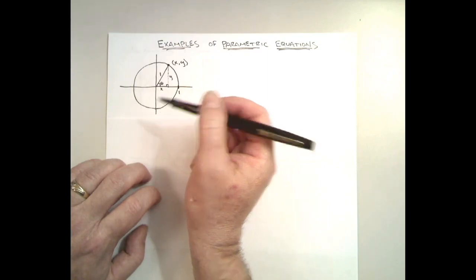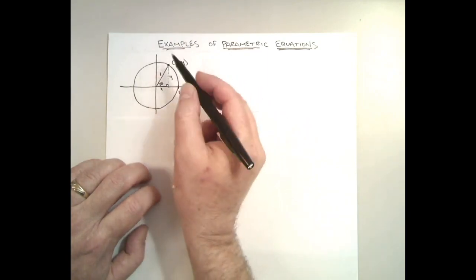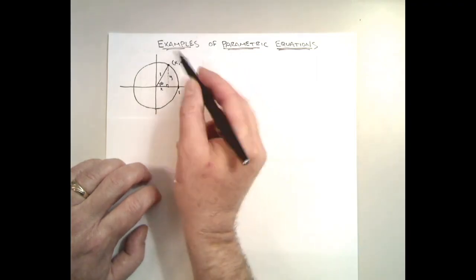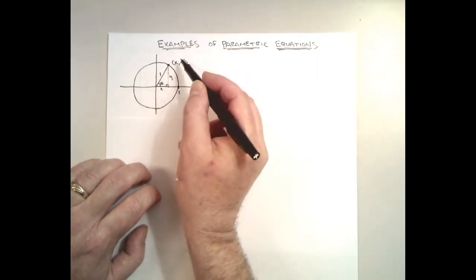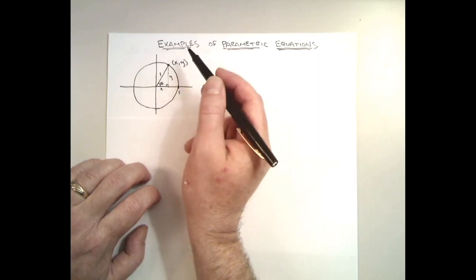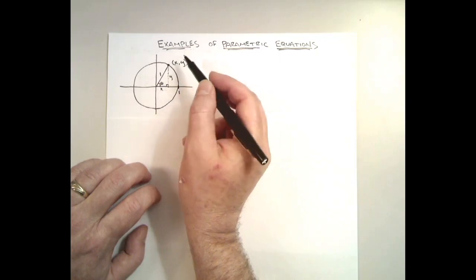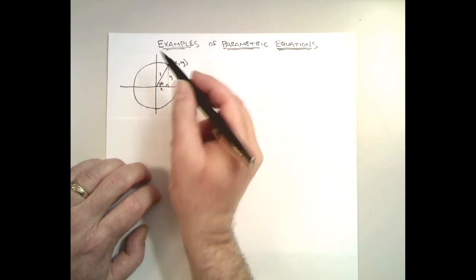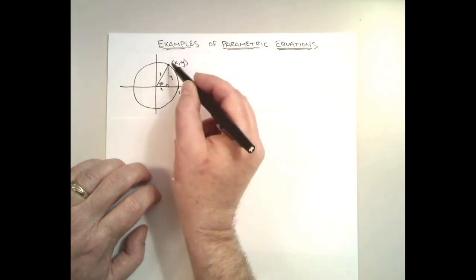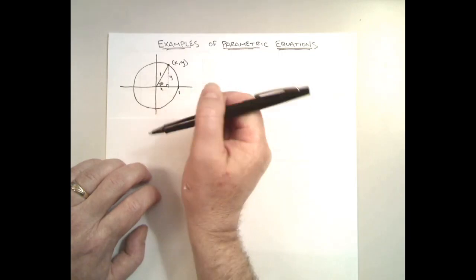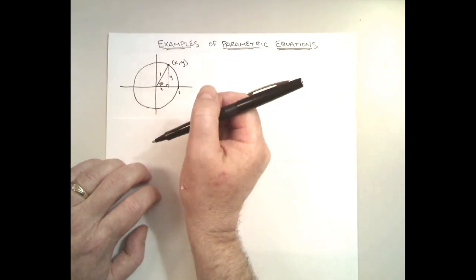What is an equation? It's a description. It's an algebraic expression which captures a truth about an object. In this case, it captures the truth about a circle, the truth being that every point on the circle is the same distance from the center of the circle.